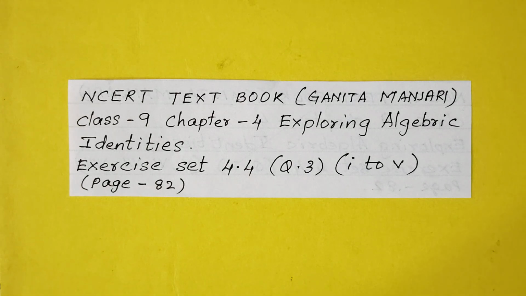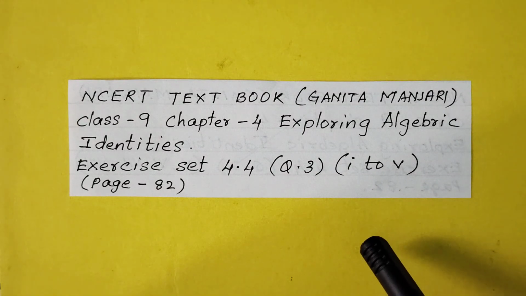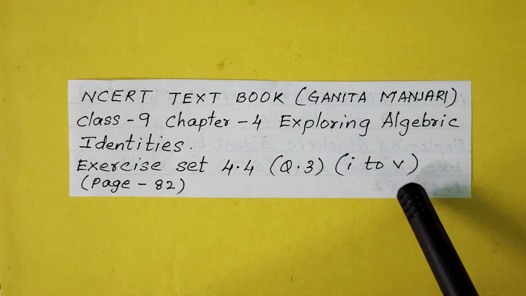In this class, we'll solve sums from the NCERT textbook, class 9, chapter 4, exploring algebraic identities, exercise set 4.4, question 3, the first to fifth sums.